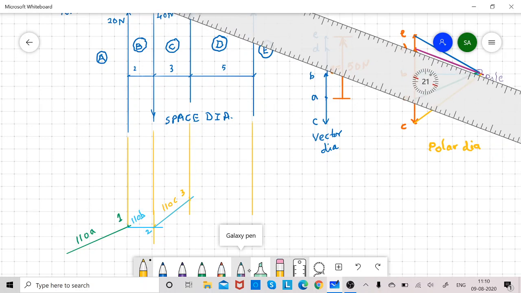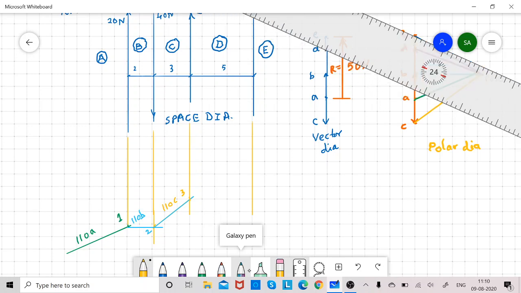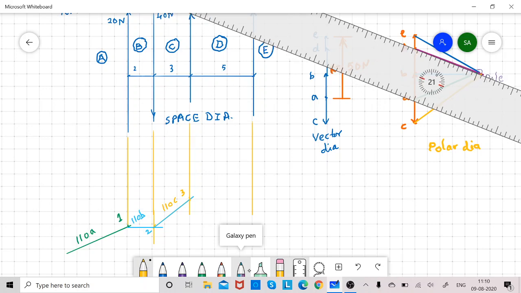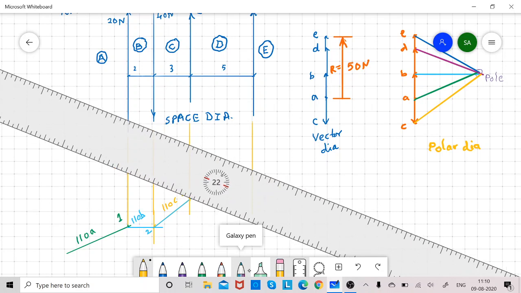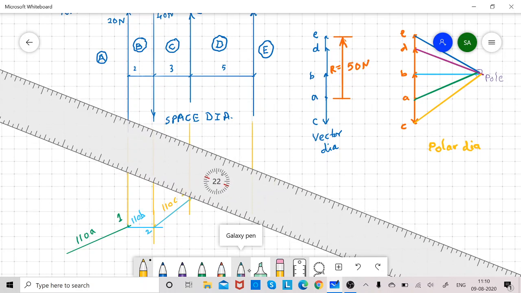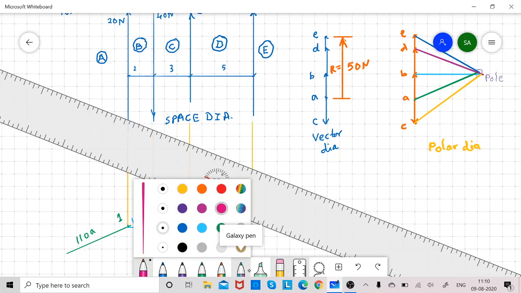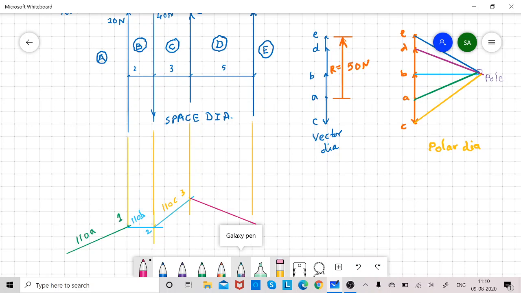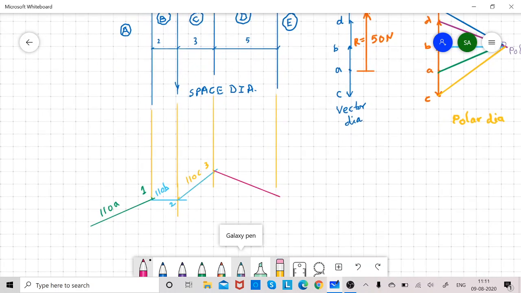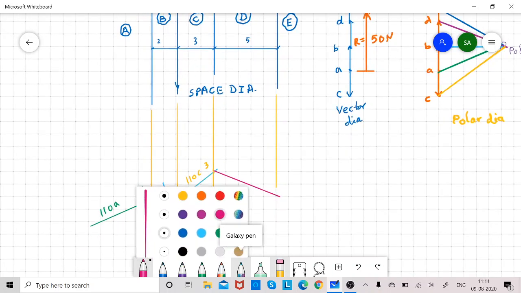I will repeat: from point number 3 in space D, draw a line parallel to OD to cut the fourth force in point number 4.